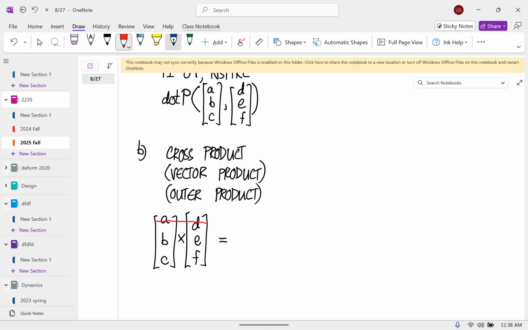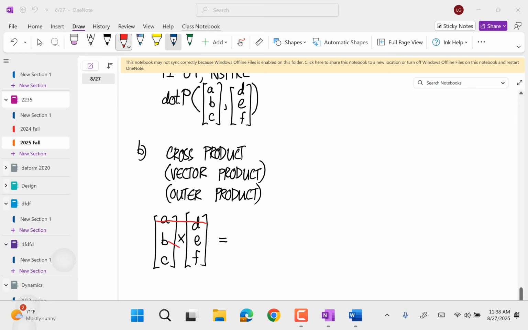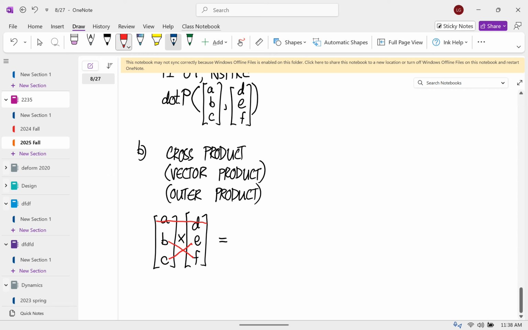And then you're going to cross multiply those, minus cross multiply those, which is why it's called the cross product, I guess. So your X value is going to be BF minus CE.